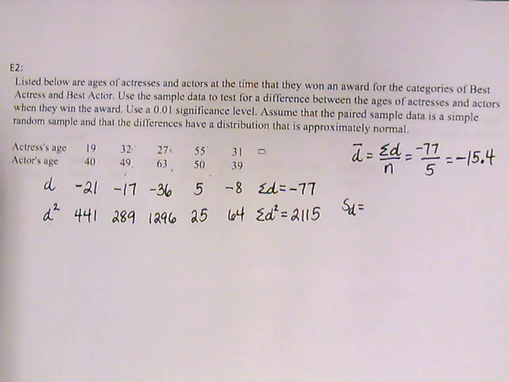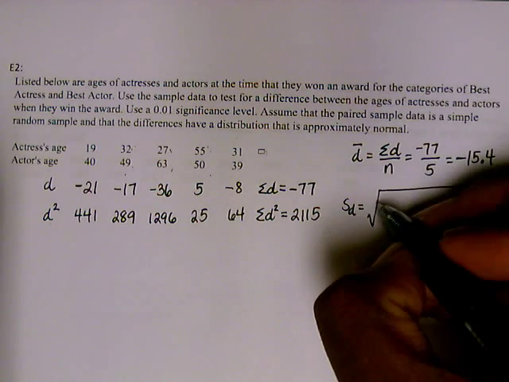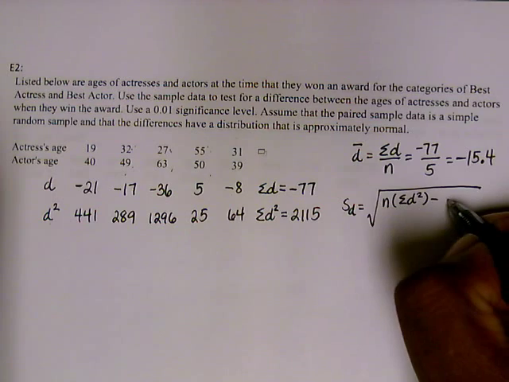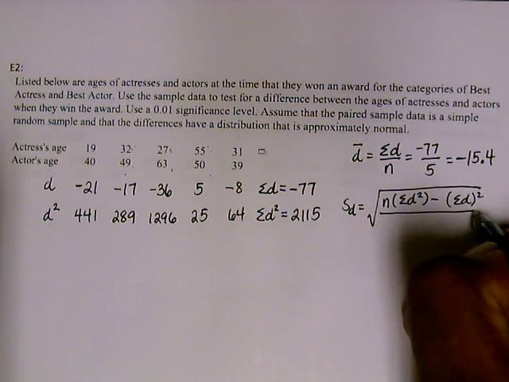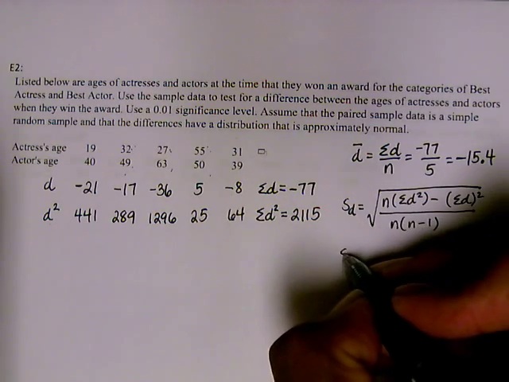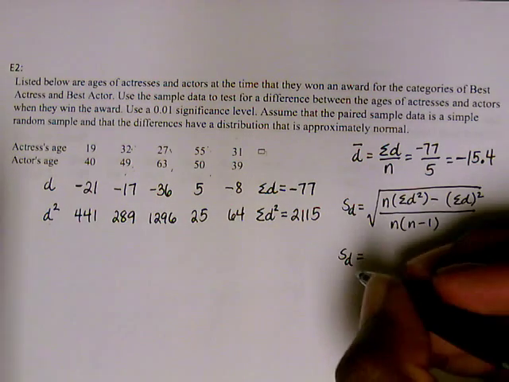And then s of d is where we use that formula of the square root of n times the sum of your d squares minus the square of the sum of all of your d's, divided by n times n minus 1. So here I'm going to substitute those values into that formula.